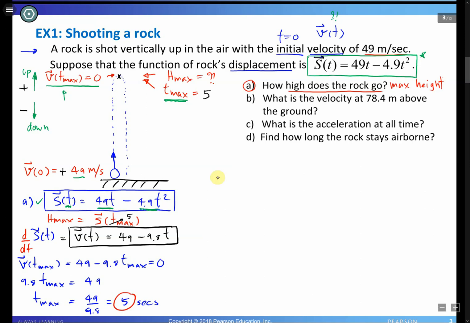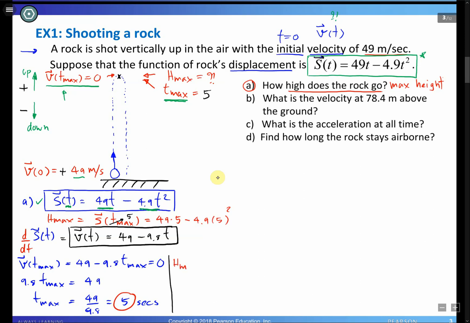So h max is going to be equal to 49 times 5 right here, minus 4.9 times 5 squared. So what about I continue down here? We have more space.